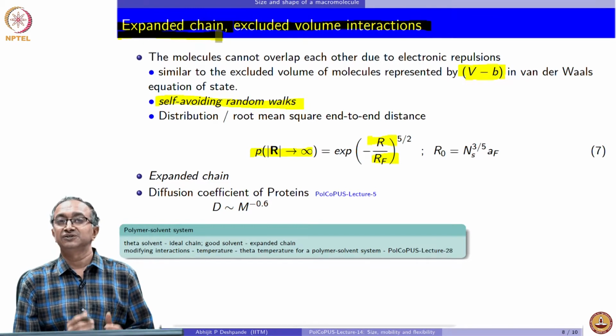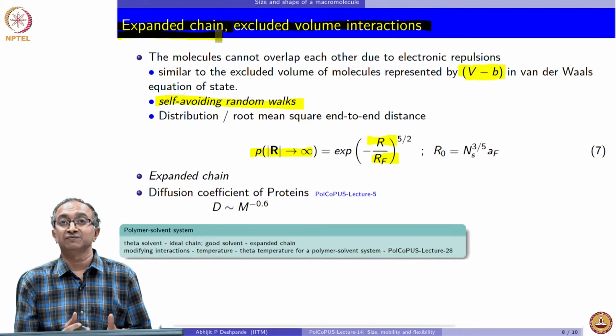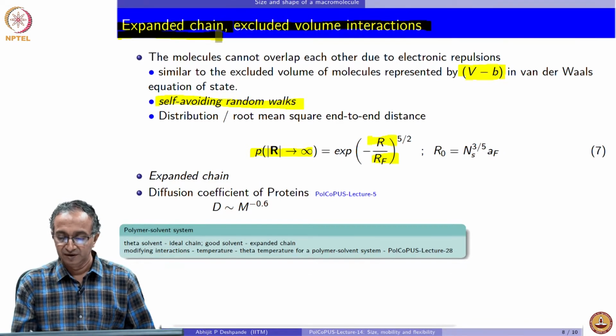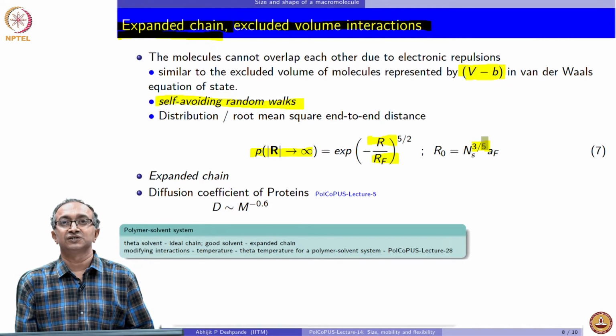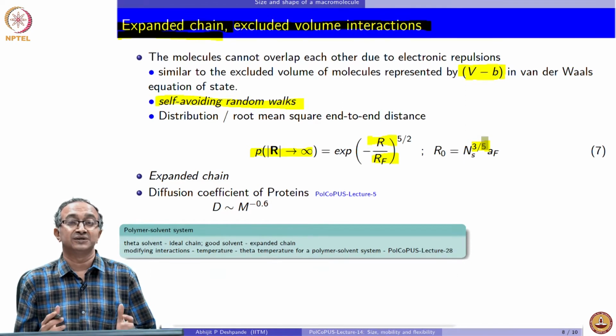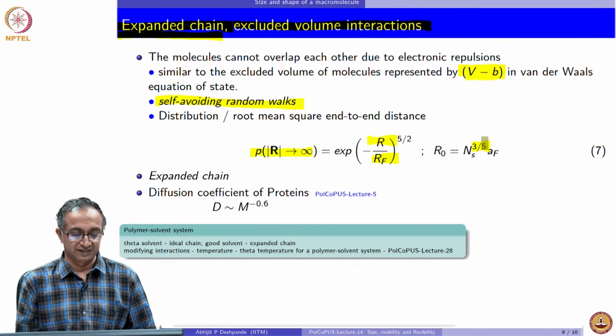What you will see is that on average the end-to-end distance is much higher in the case of the expanded chain. Also notice that in the case of the ideal chain, the end-to-end distance was proportional to N to the power 0.5. Now it's proportional to N to the power 0.6. So end-to-end distance is also higher because we are now including excluded volume interactions.